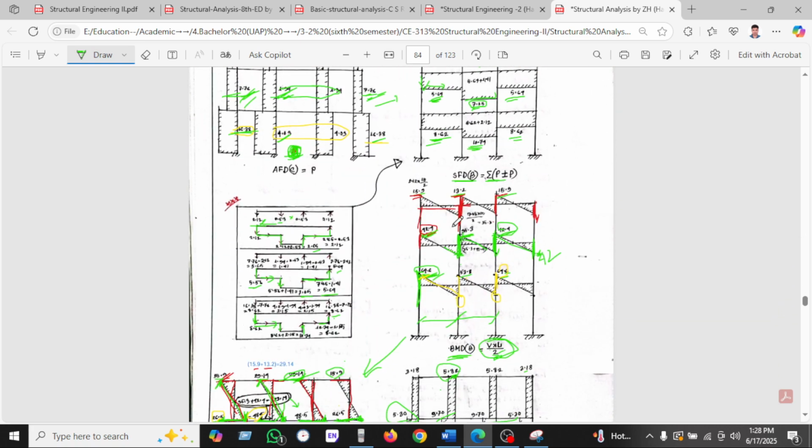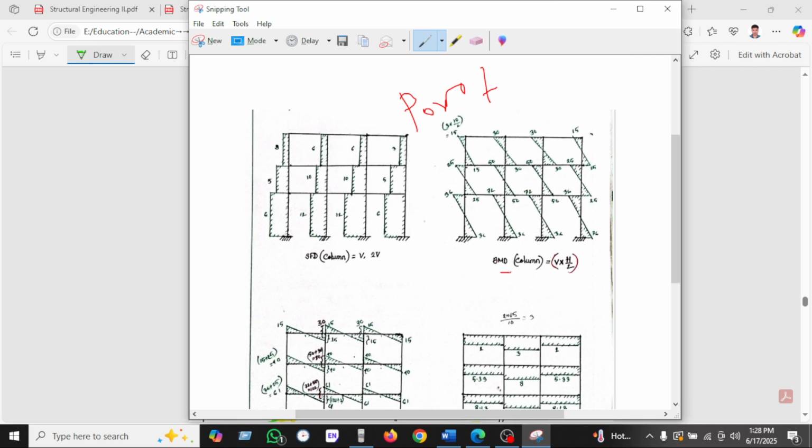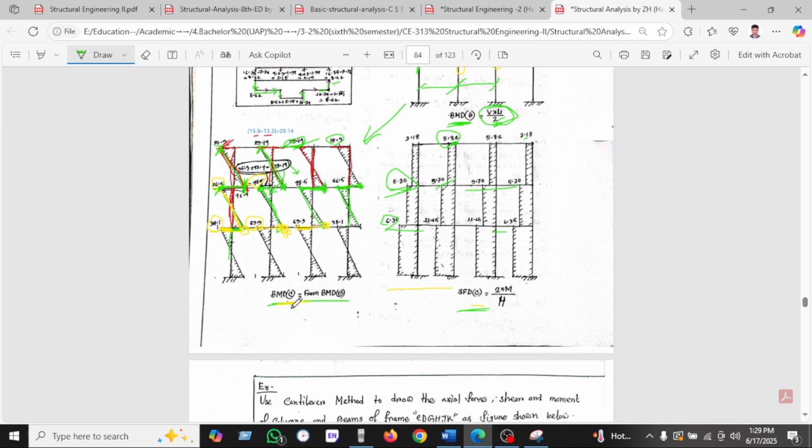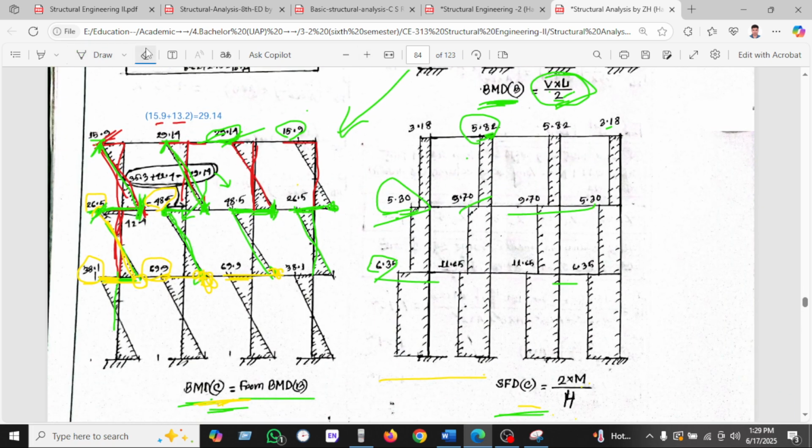At first, I will show the bending moment of the column. So this is the bending moment of the column. I'm just erasing some below.